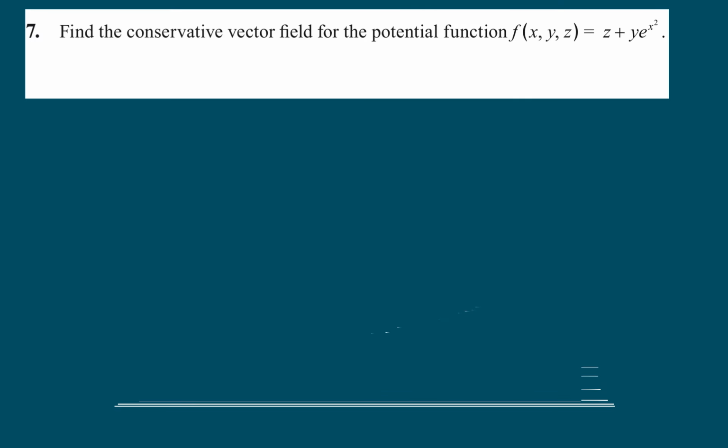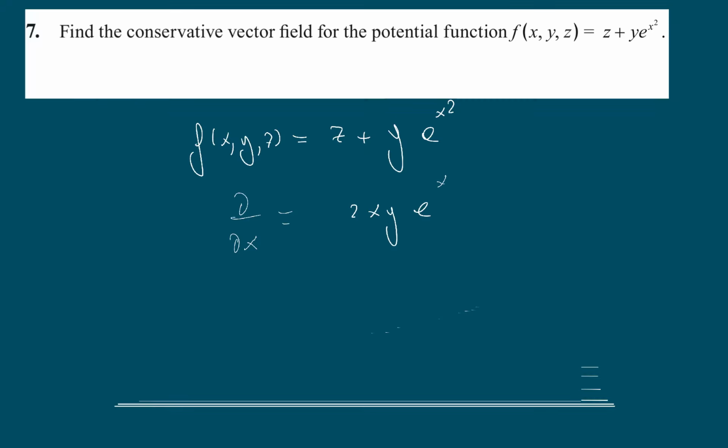Now, if we have this problem, we'll do the same thing. What is the potential? The potential, in this case, is z plus y e to the x squared. What is the partial derivative of f with respect to x? It is 2xy e to the x squared.